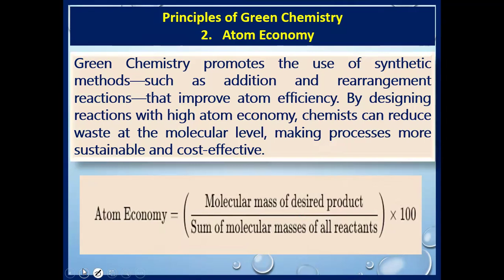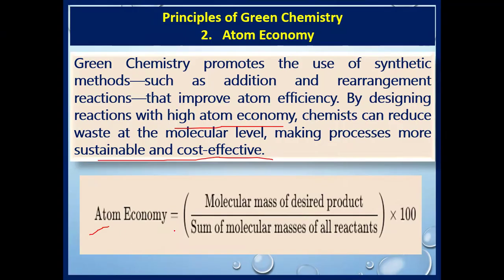So when we follow the atom economy principle, all these aspects we can achieve. Green chemistry promotes the use of synthetic methods such as addition and rearrangement reactions that improve atom efficiency. By designing reactions with high atom economy, chemists can reduce waste at the molecular level, making processes more sustainable and cost effective. By this formula, we can calculate the atom economy of any reaction.